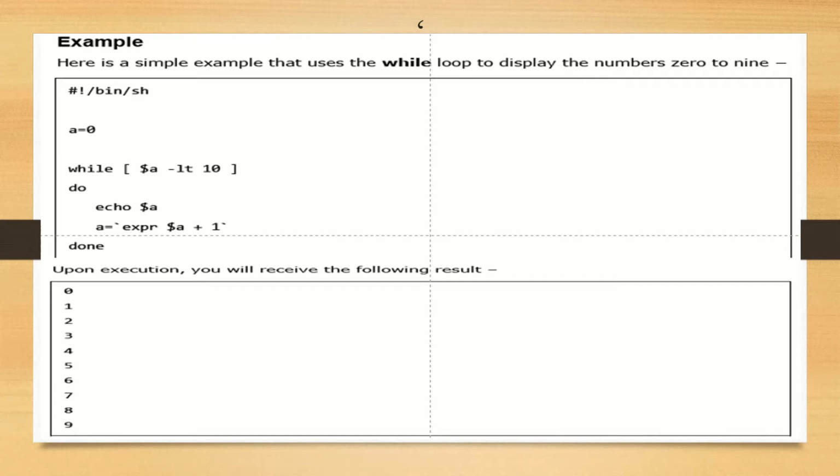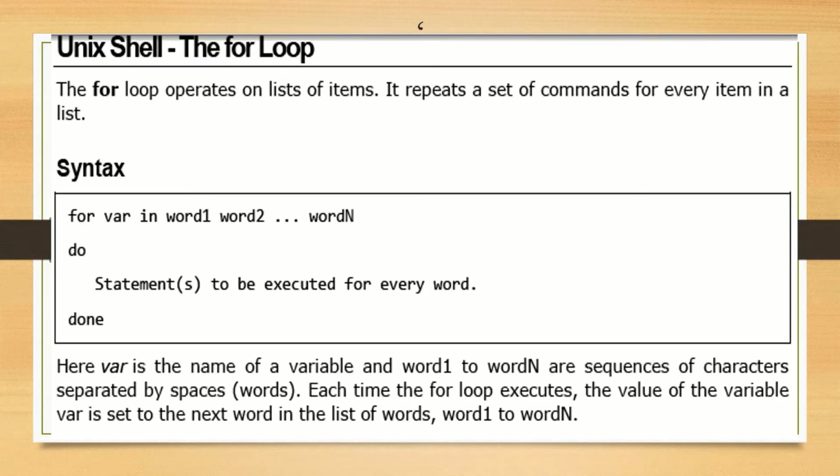That prints the values 0, 1, 2, 3, 4, 5, 6, 7, 8, 9. Until then it takes the values to print 0 to 9, all the values within the loop. This is a simple example of how the while loop is executed in a shell script. It is one of the looping structures in the Unix scripting language.